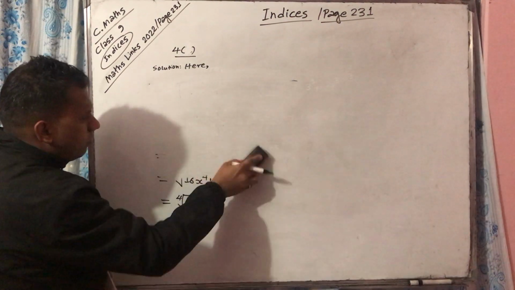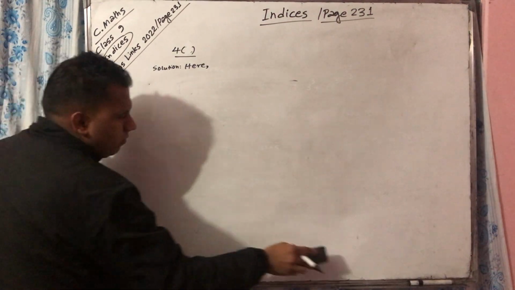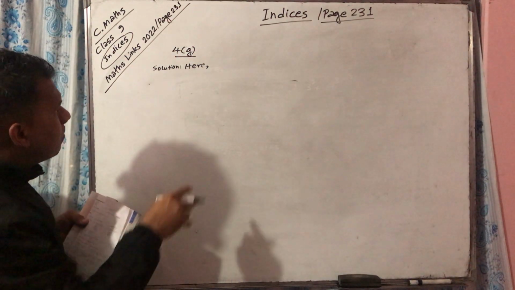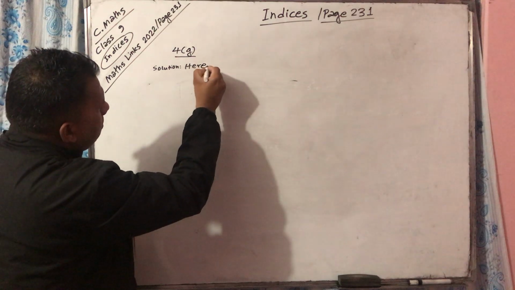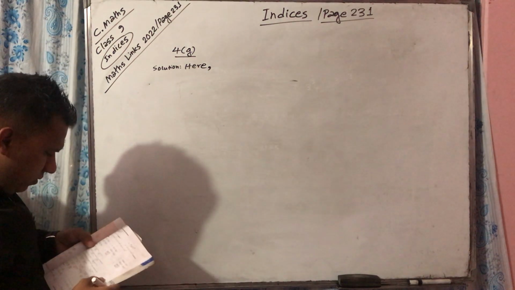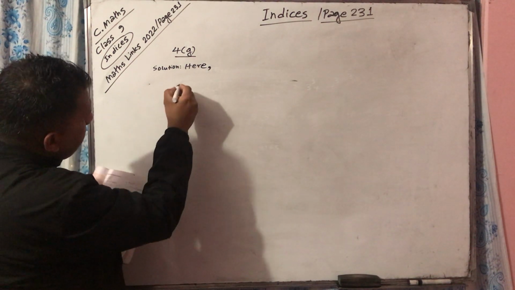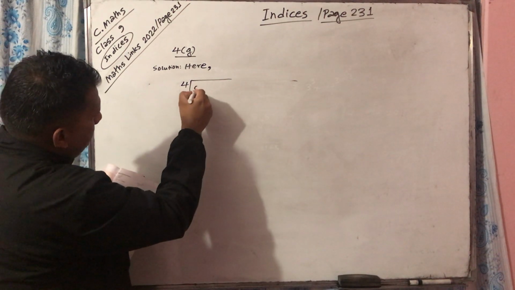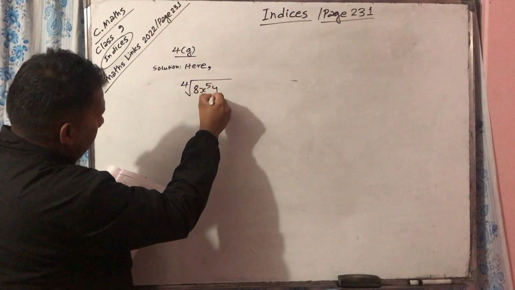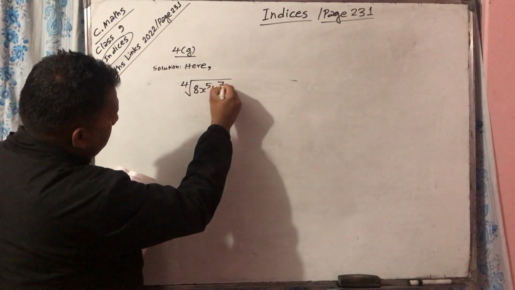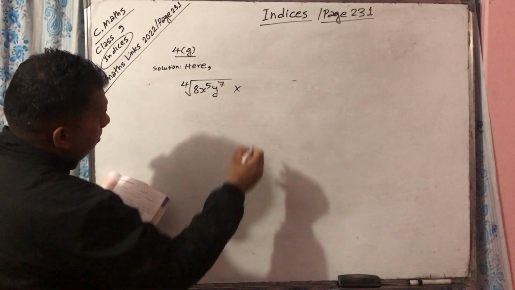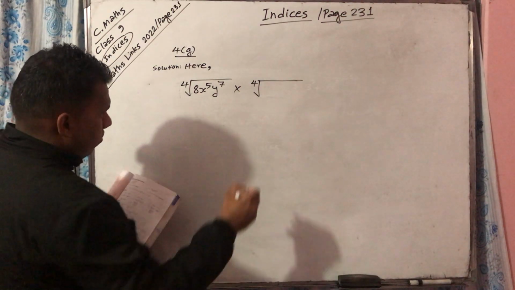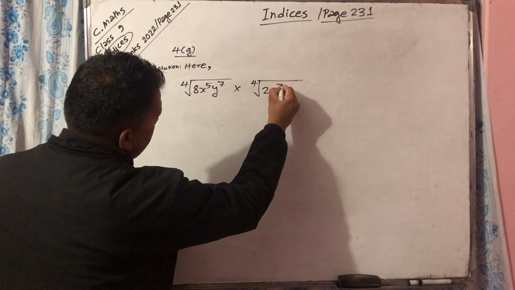Question 4g. We are given fourth root of 8 x to the power 5 y to the power 7, multiplied with fourth root of 2x to the power 7 y.